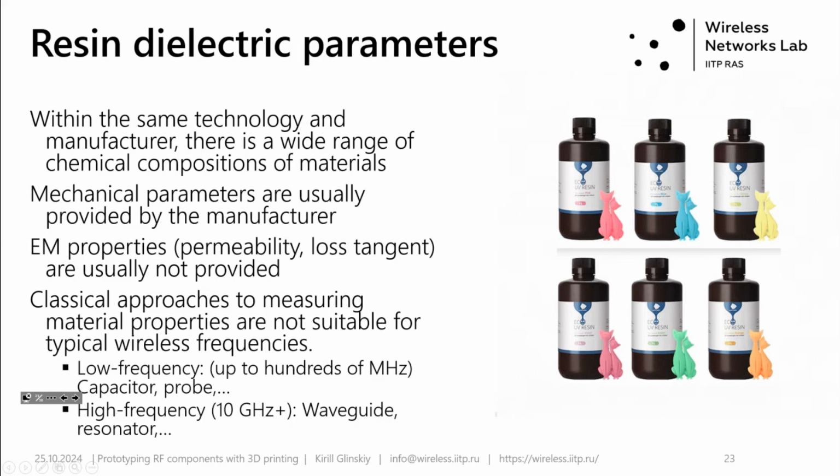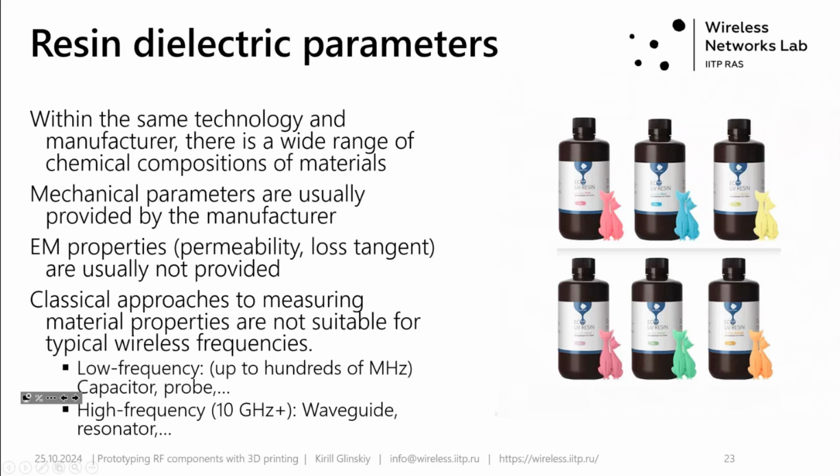However, the problem that presented itself during our study was that while there are a lot of resins with potentially similar mechanical parameters, their electromagnetic properties, be it permittivity or dielectric loss tangent, are not provided at all, and we cannot obtain them without measurement.